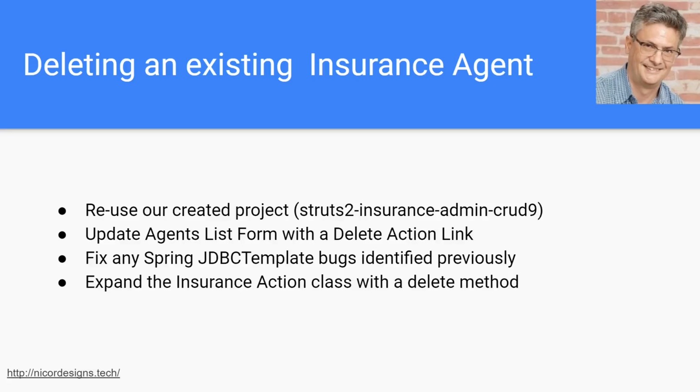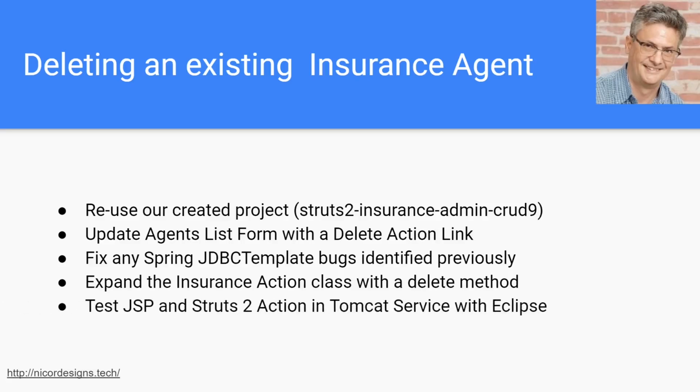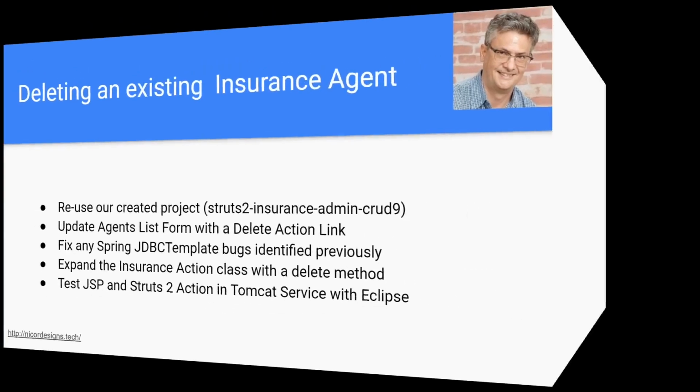This delete method will call the JDBCTemplate delete method. And we will use the main method test driver to test the JDBCTemplate delete method. And finally, we will test the JSP with the delete agent link that will forward to the Struts2 action in our Tomcat web server with Eclipse.